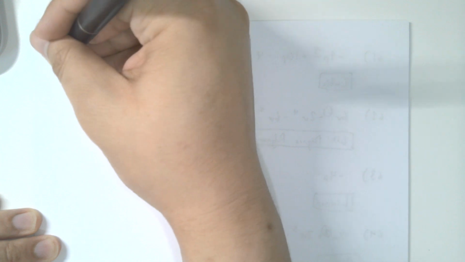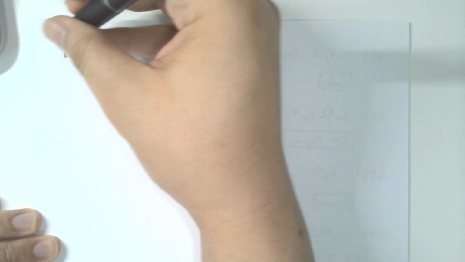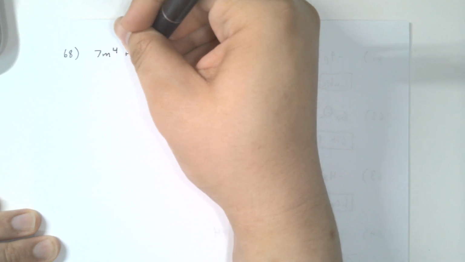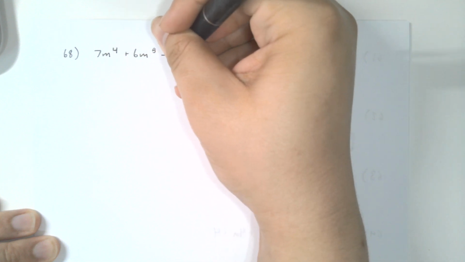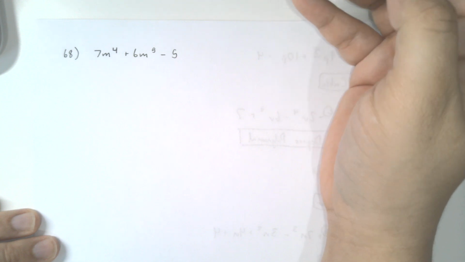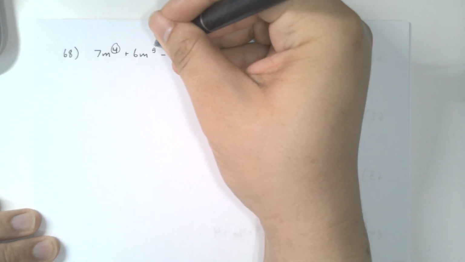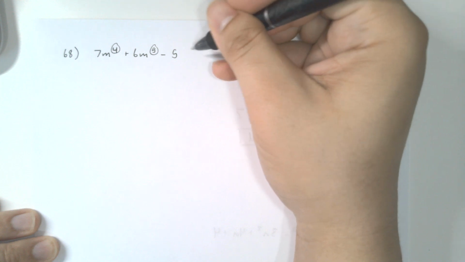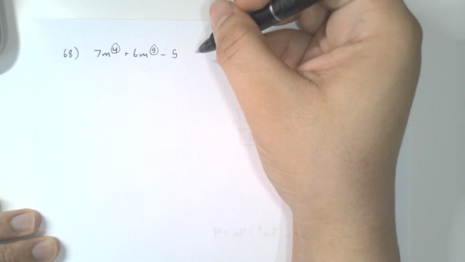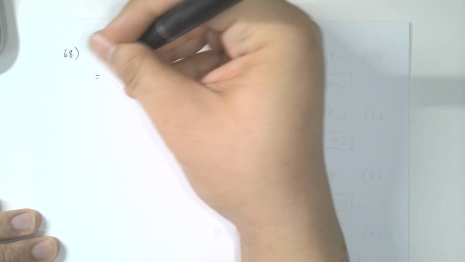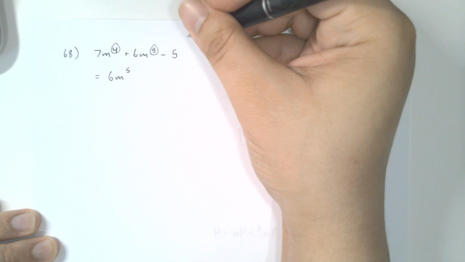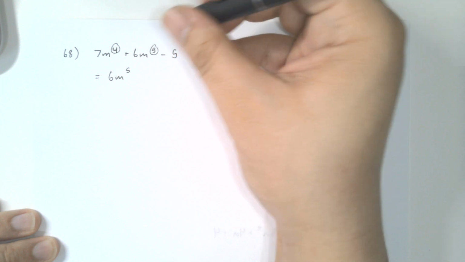The next one we have is for number 68. This is 7m to the fourth plus 6m to the fifth minus 5. And we notice that this is not in standard form because this is a 4, then a 5, but then implicitly m to the first here. So if we rearrange this, we can say that this is 6m to the fifth, so start with the highest power of our variable.